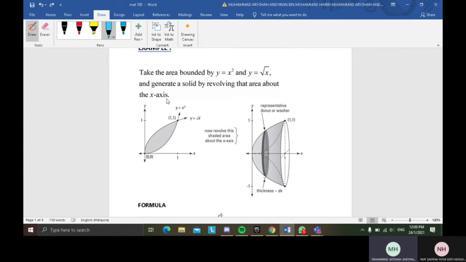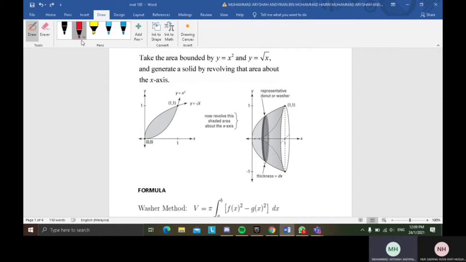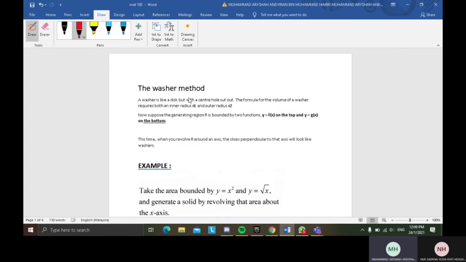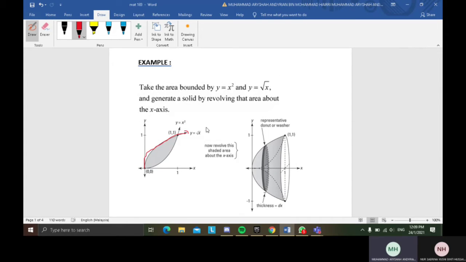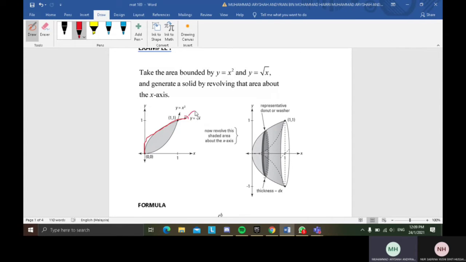So this is an example. This is the question. So this one is the inner function. This one is R2 and this one is R1.